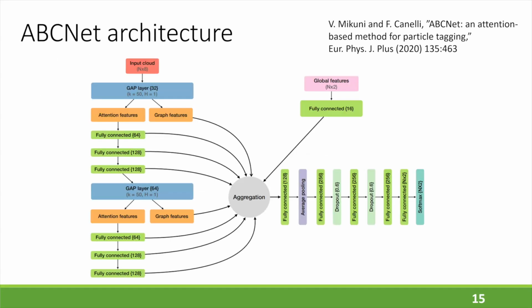Okay, so this is a scheme of the ABCNet architecture. This architecture combines graph attention pooling with multi-level feature aggregation and also global descriptors to perform per-point classification on point clouds.